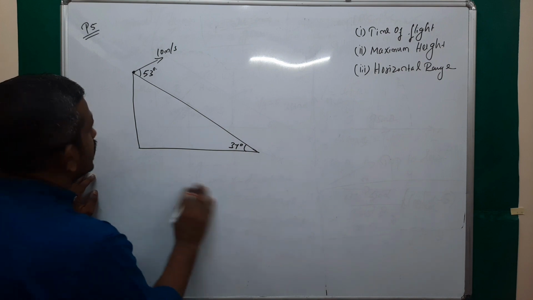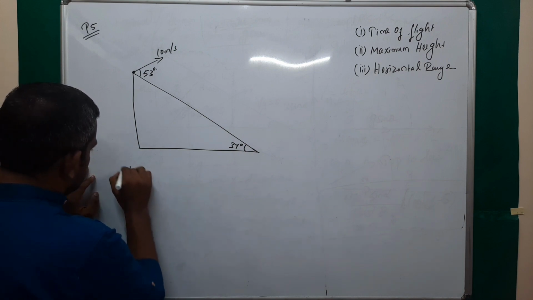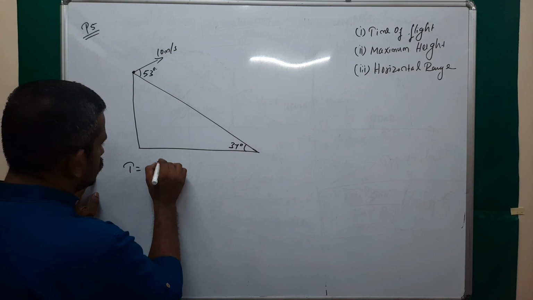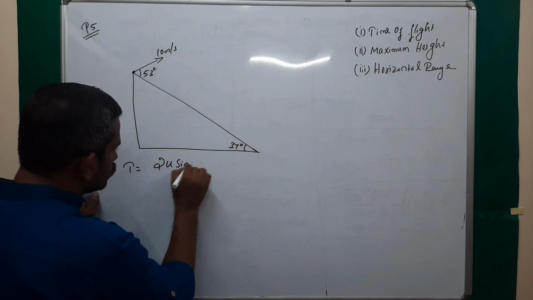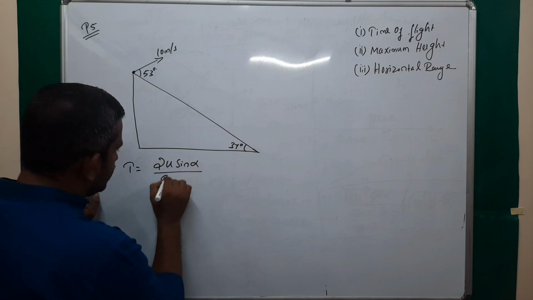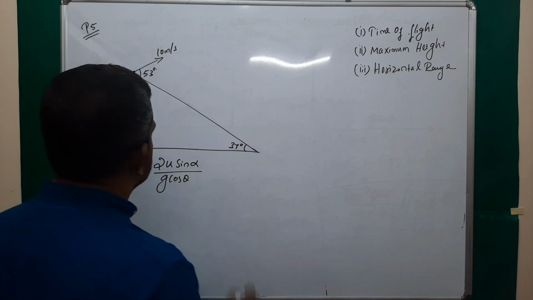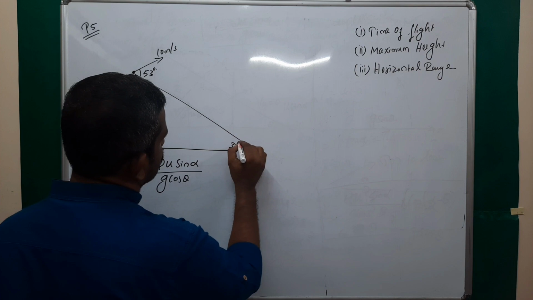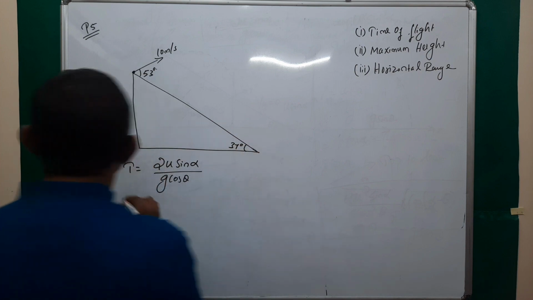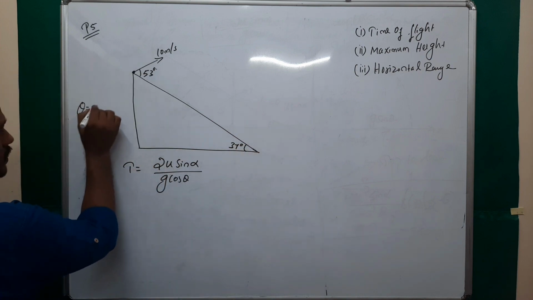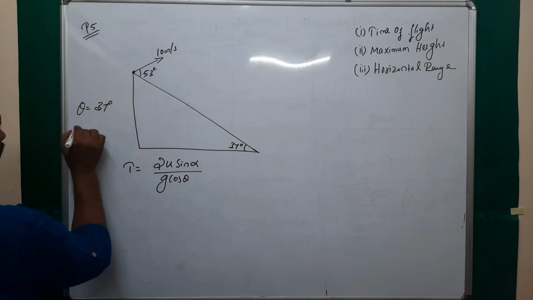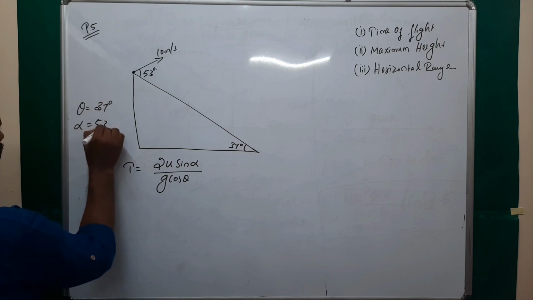So time of flight. What is the formula for time of flight? T is equal to 2u sin alpha divided by g cos theta. So theta is equal to 37 degree and alpha is equal to 53 degree.